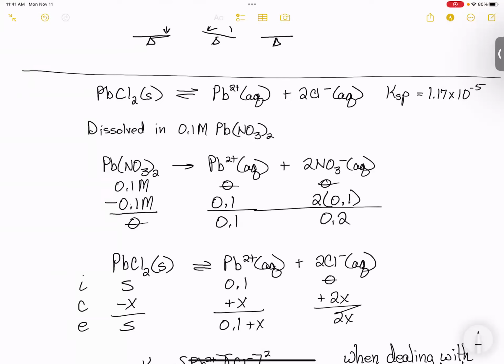Now, in this particular case, the lead nitrate, because it does contain nitrate, is extremely soluble. It dissociates to form lead ion and nitrate ion.